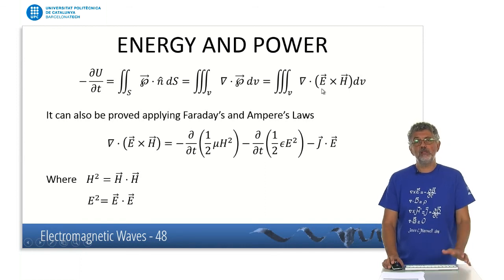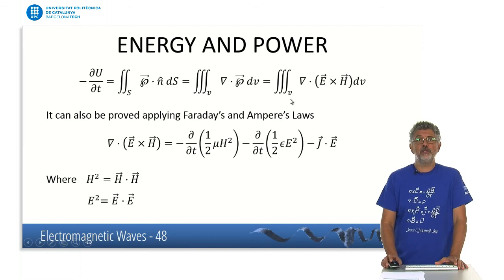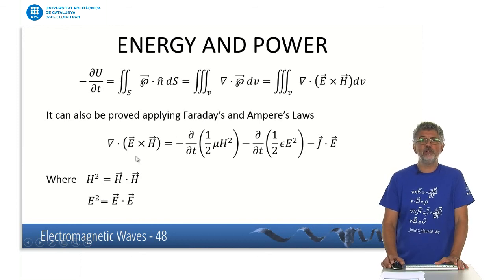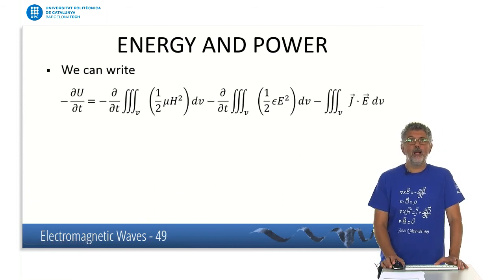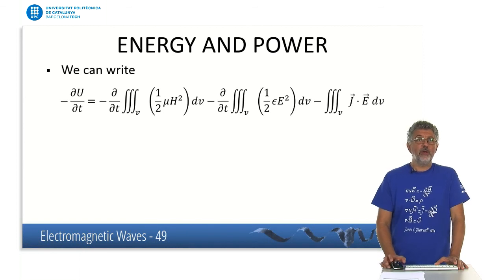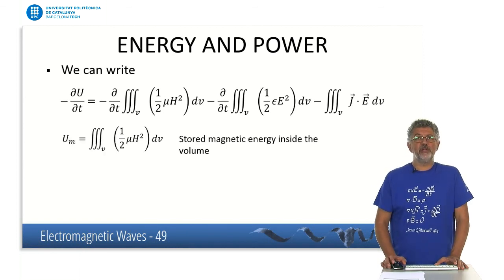It's a lengthy development, but if we consider Faraday's and Ampere's laws, we can see that the divergence of this dot product can be written in this way, where H squared is the dot product of H, and E squared is the dot product of E. So we can write this equation, and we make the following definitions.